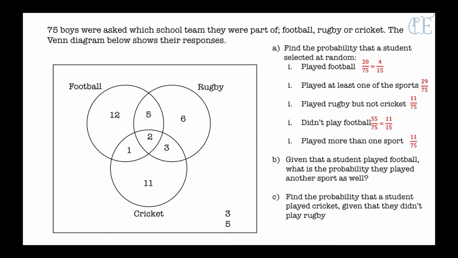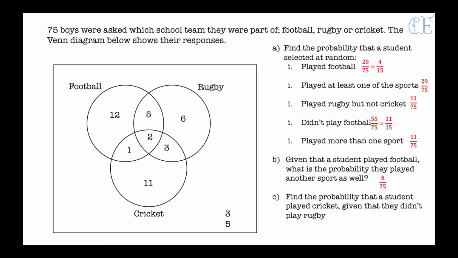Question B says, given that a student played football, what is the probability they played another sport as well? So here, they played football. The probability that they also played another sport is this section here, anything inside here. So that's 5, 6, 7, 8, so that's 8 out of 75.